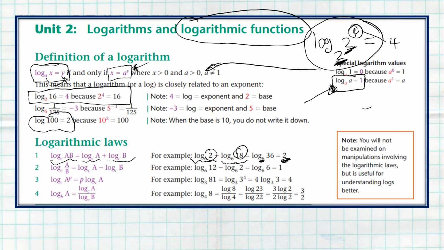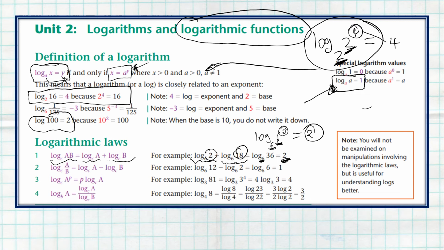Okay, so you can see now, if I have log base 6 of 36, we can see that 36 can be written as 6 squared, right? So because the 6 of the base and this 6 here are the same, the answer for the whole log will just be equal to the exponent there, which is 2.